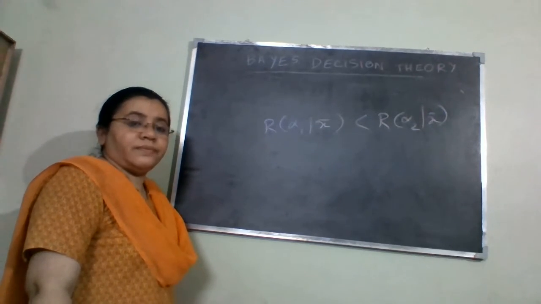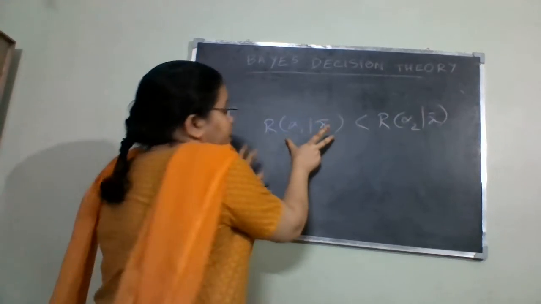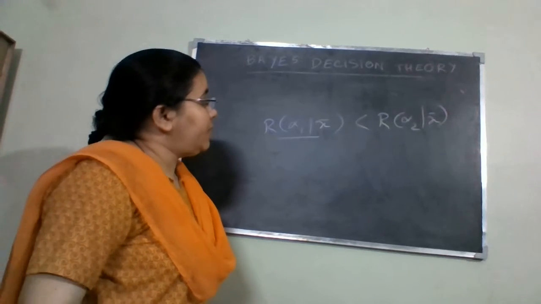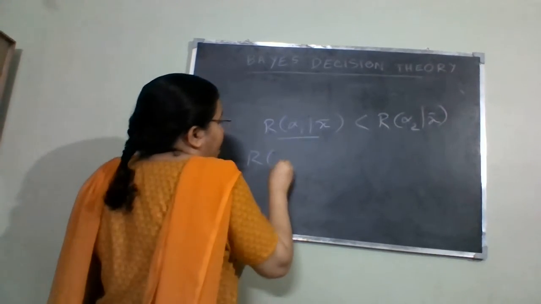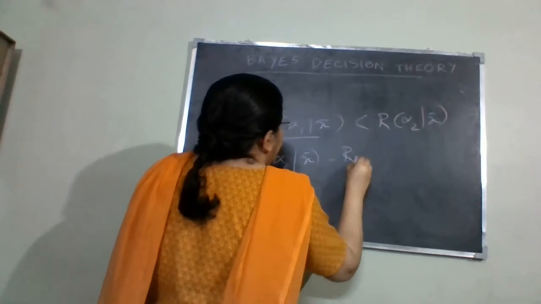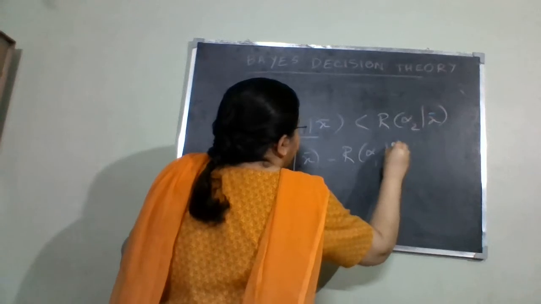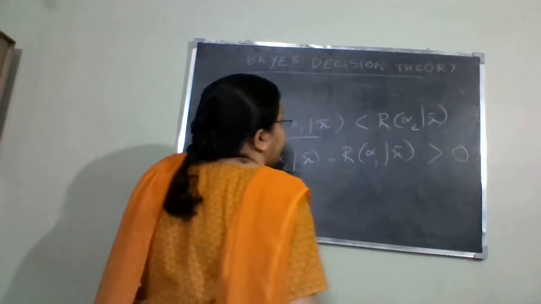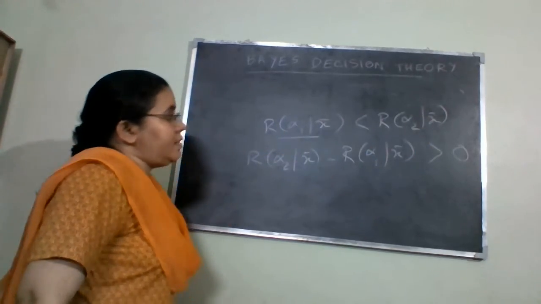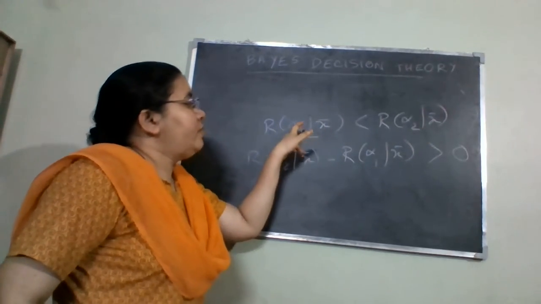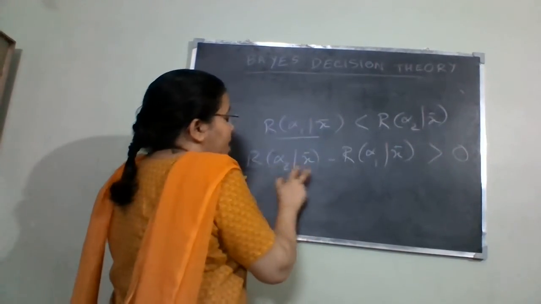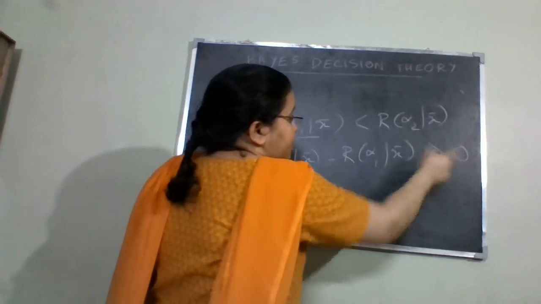Now, if I shift this term to the right hand side, it becomes r alpha 2 x bar minus r alpha 1 x bar is greater than 0. This term goes to this side, so it becomes negative.